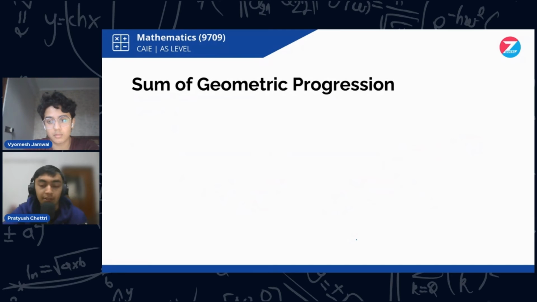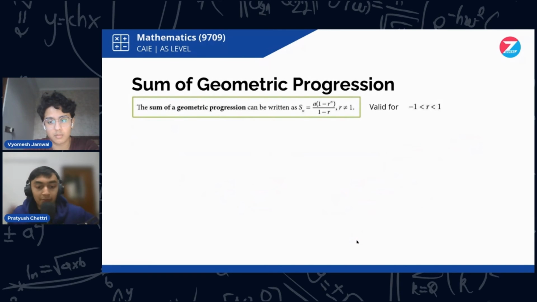Nicely done. Now let's look at the sum of a geometric progression. This is a little bit more interesting in that the formula looks a bit scary at first, but once you understand why we use it, it's not a big issue. So what's going on in this formula? The sum of the first n terms in a geometric progression is equal to a, the first term, times 1 minus r to the power n, all over 1 minus r.